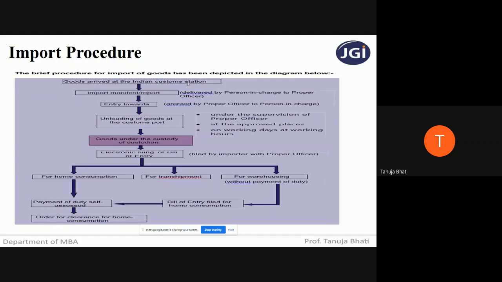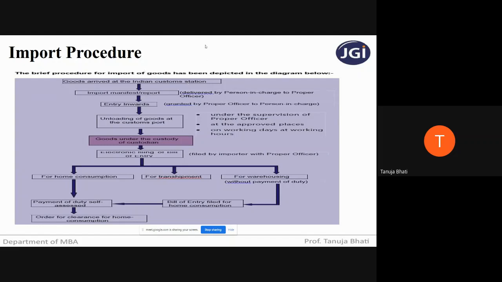Suppose the goods are coming through air, that is through a flight, then the customs station will be the custom airport. Suppose the goods are coming through courier, then the customs station will be the international courier terminal. Suppose the goods are coming through a vehicle, then the customs station will be the land customs station.